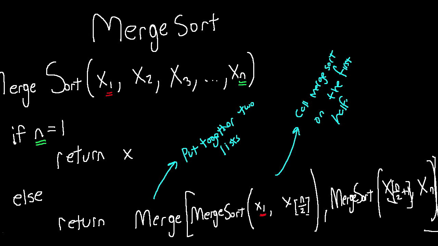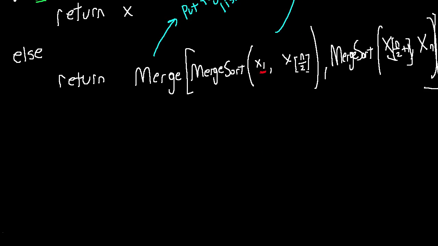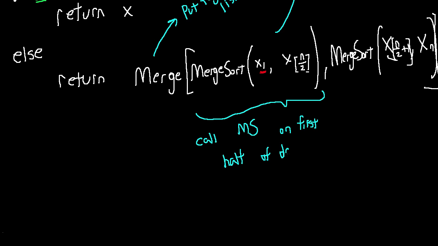I should probably not be writing that sideways. So let me go ahead and write it down here. Call merge sort on first half. And over here, call merge sort on the second half.